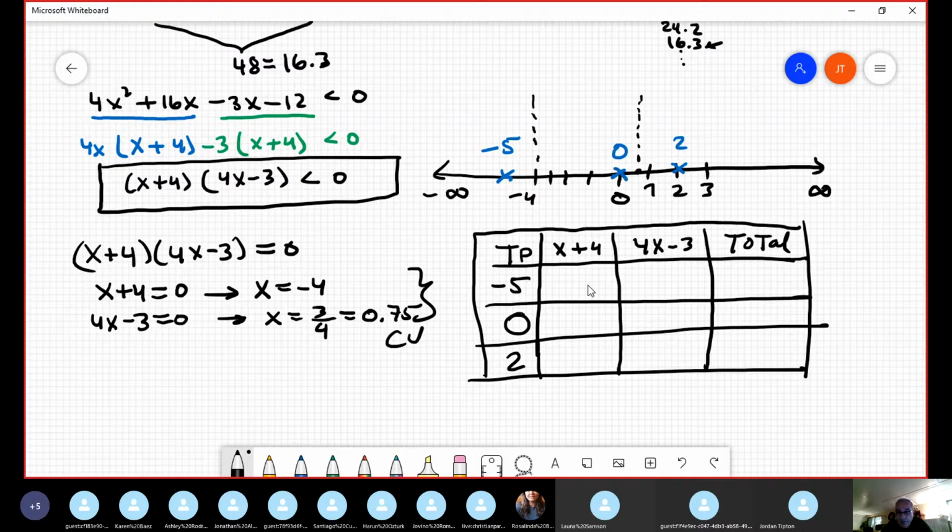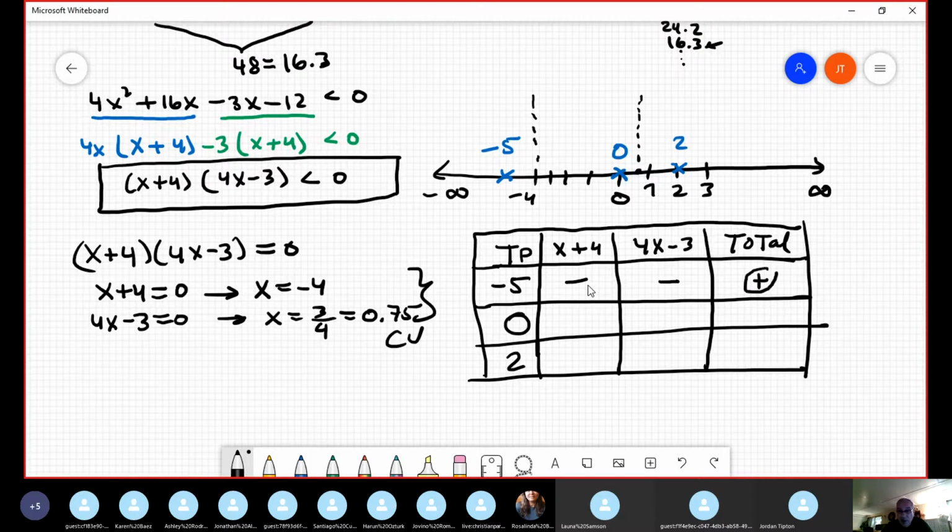Okay. And relax, cool down, and plug in one by one. -5 here is minus, and -1 is minus. I don't care about the value, I care about the sign only. -5 here is minus because -5 times 4 is -20, minus 3, -23. And double minus becomes positive.